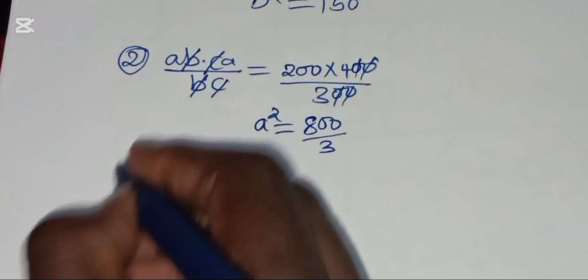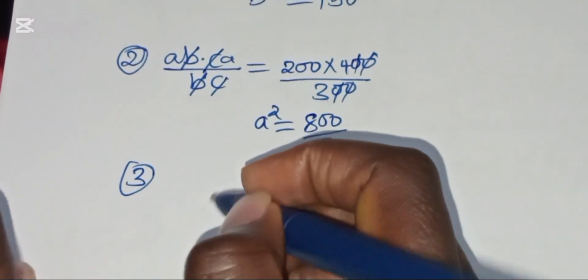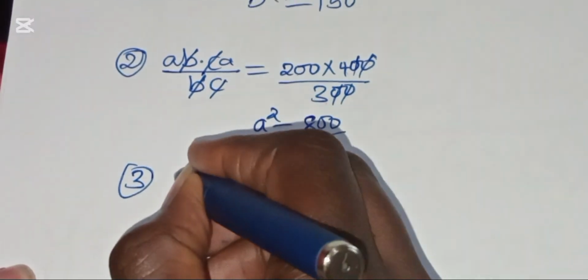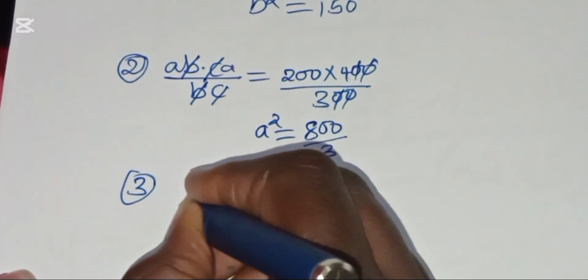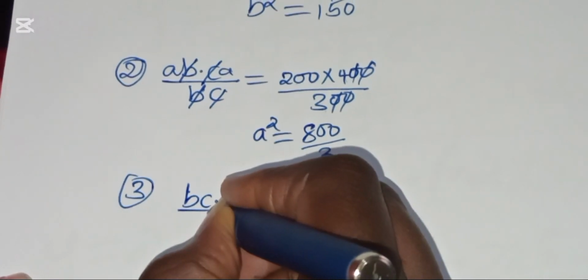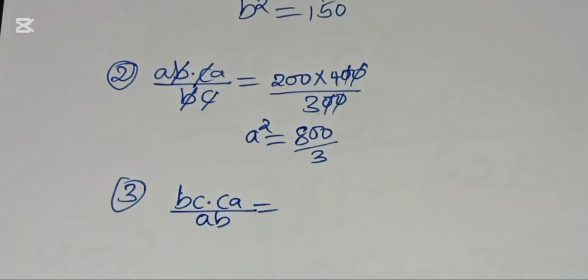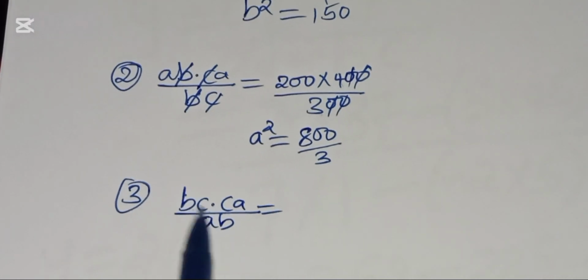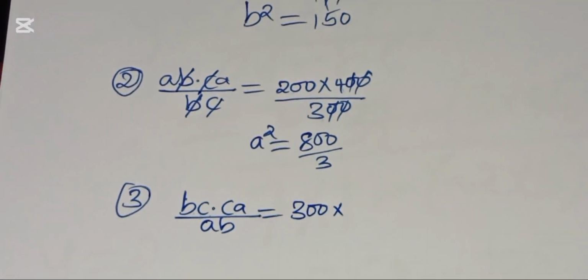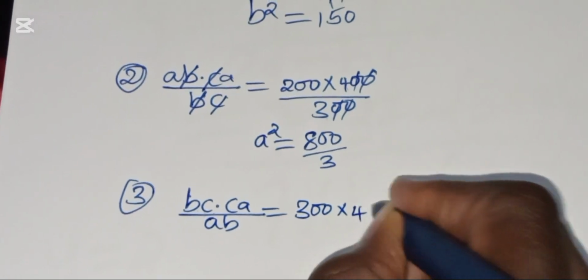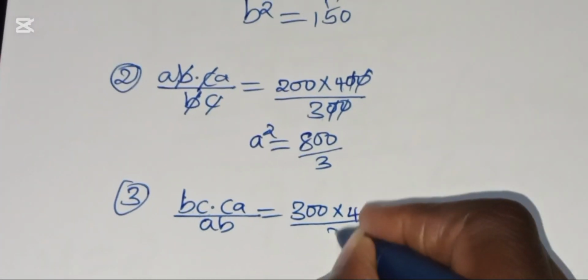Let's move to step 3, which is to determine the value of c squared, which is determined as bc multiplied by ca divided by ab. So if you simplify here, the value of bc is 300 multiplied by ca, which is 400, divided by ab, which is 200.